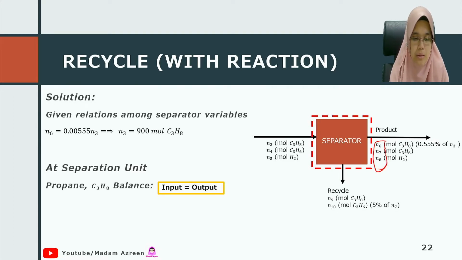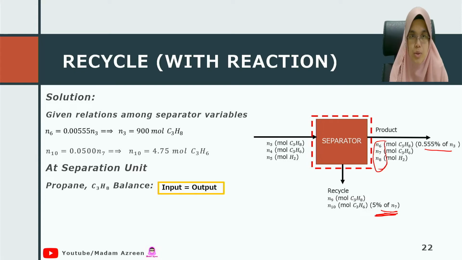And then the value of N10 basically is 0.5% of N7. All this information is stated in the equation. You have to go back there and reread it many times so that you can relate. But still, if you have a problem to understand it, you can refer to me.